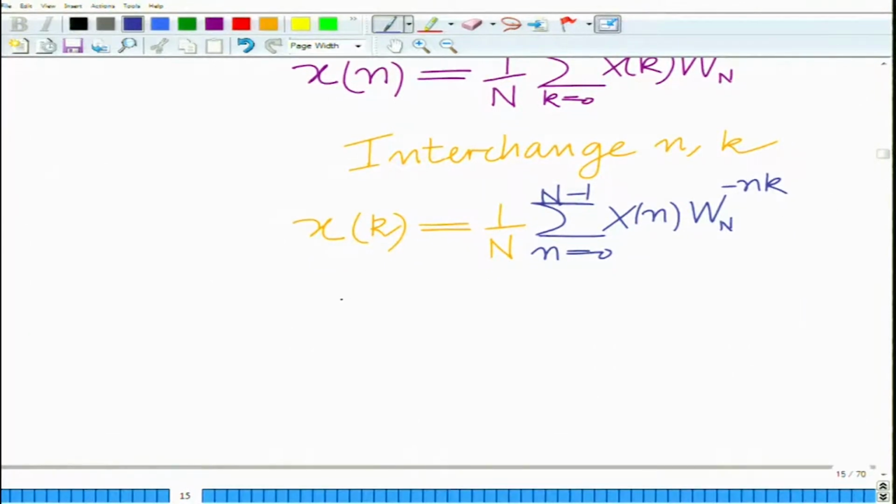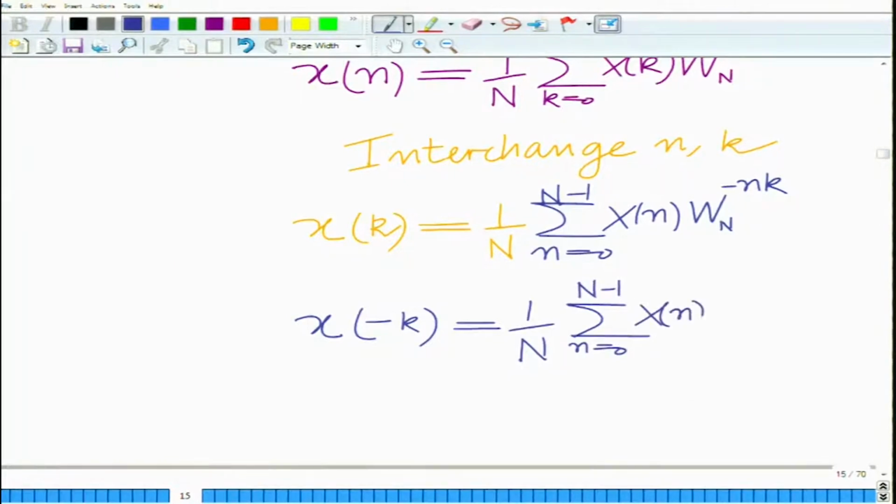Okay. And now what I can do is, if I consider x of minus k, that becomes 1 over N summation n equal to 0 to N minus 1 X n W N raised to n k, replacing k by minus k.